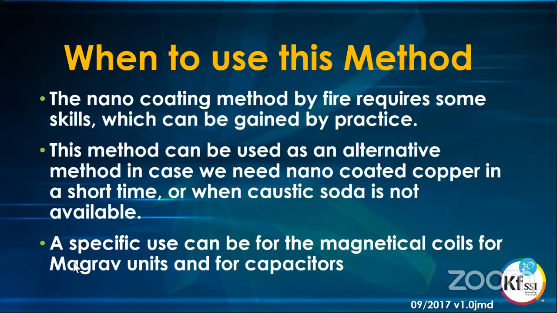The PID department also found that the nanocoating made by fire is supposedly better for magnetic purposes, like coils, or for applications where you need a more magnetic character of the nanocoating.